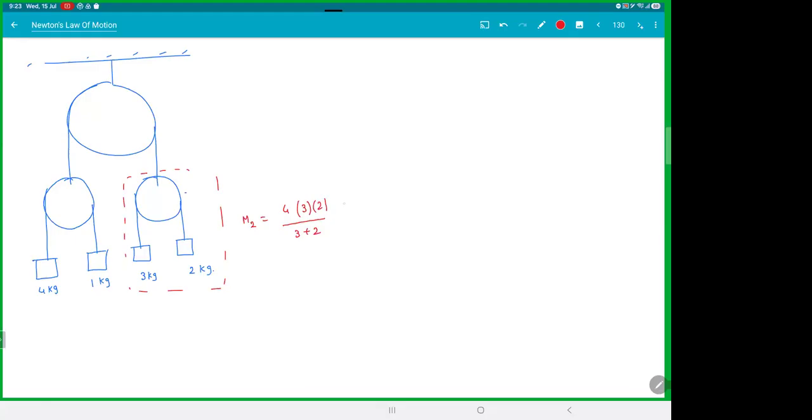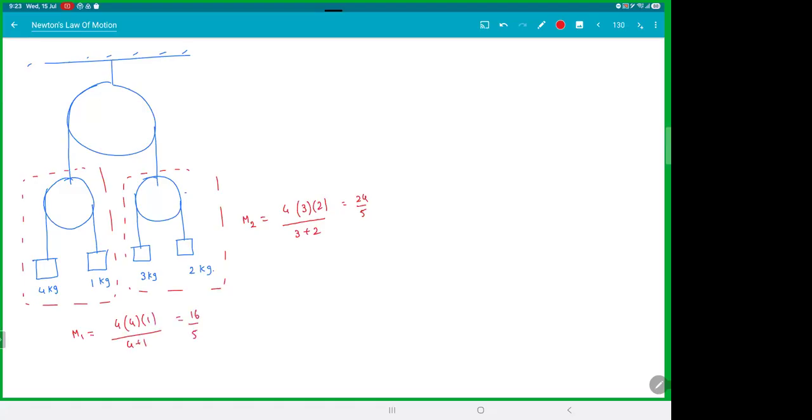That is 24 by 5. This whole thing I'll replace with one block and call it M1: 4 into 1 by 4 plus 1. That is 16 by 5.